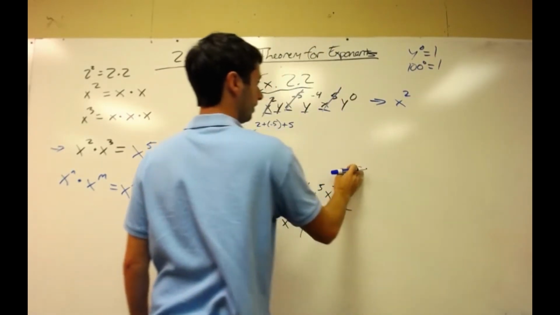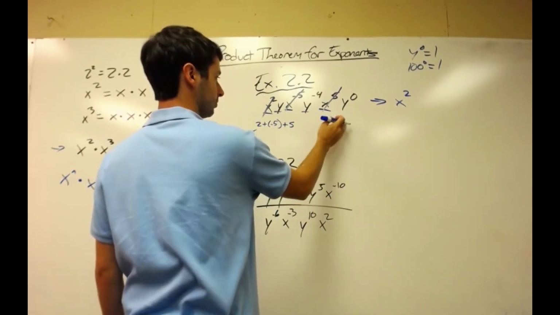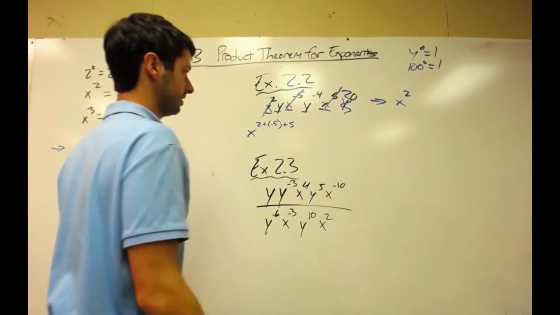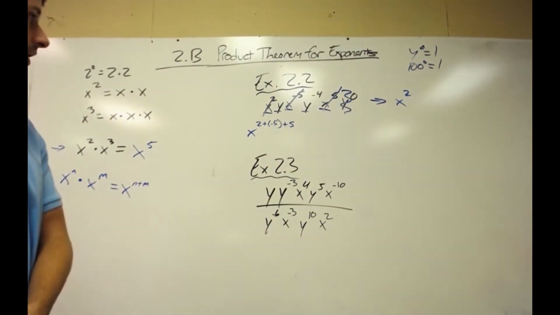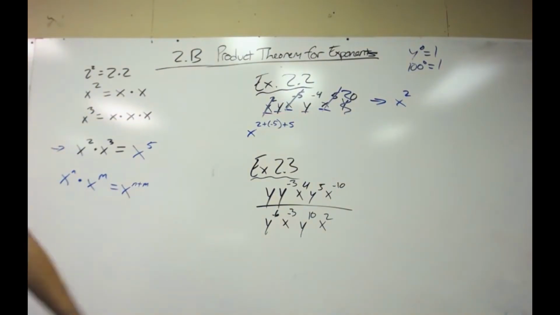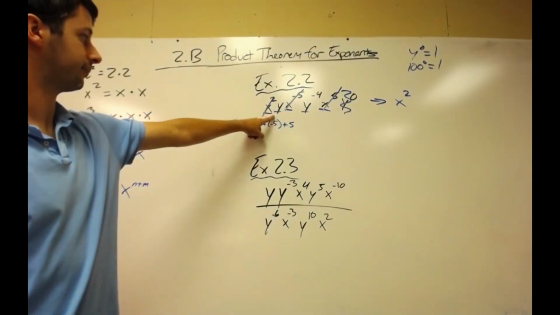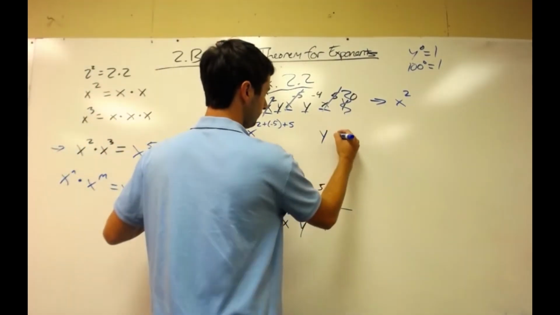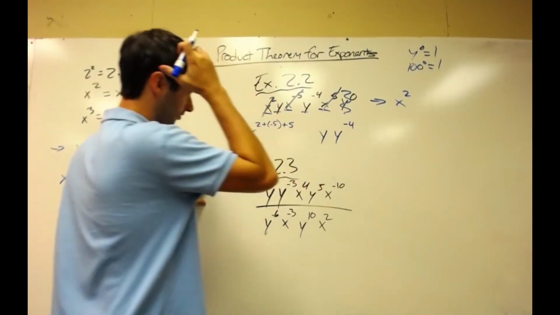Anything times 1 is itself, so we can go ahead and cross that out since it is 1. So we are left with y and y to the negative fourth. This is what we're left with.